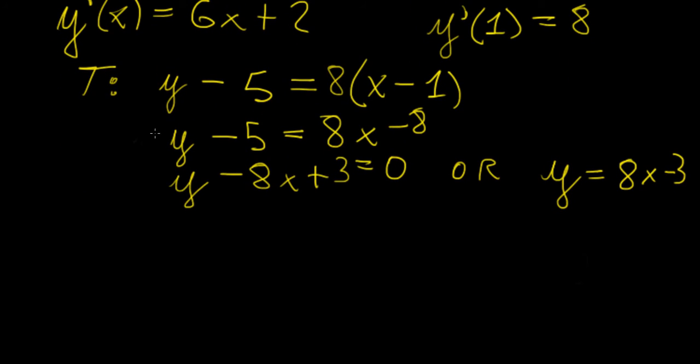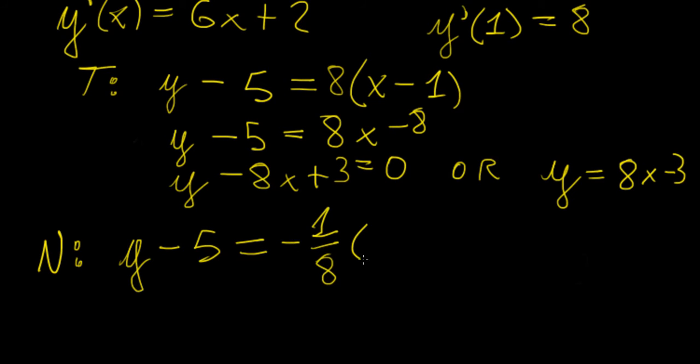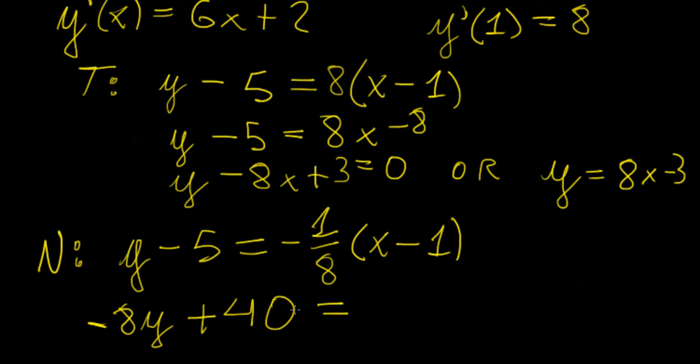Now let's say we're interested in the equation for the normal line. Well, it's going to be the same, but the gradient is going to be the negative reciprocal. So it's y minus 5 equals minus 1 over 8, x minus 1. And if we multiply both sides by 8, this is going to give us minus 8y plus 8 times 5, that's 40, equals x minus 1.